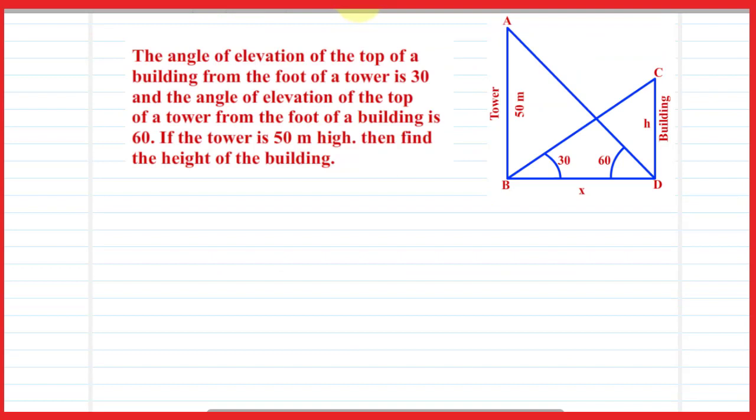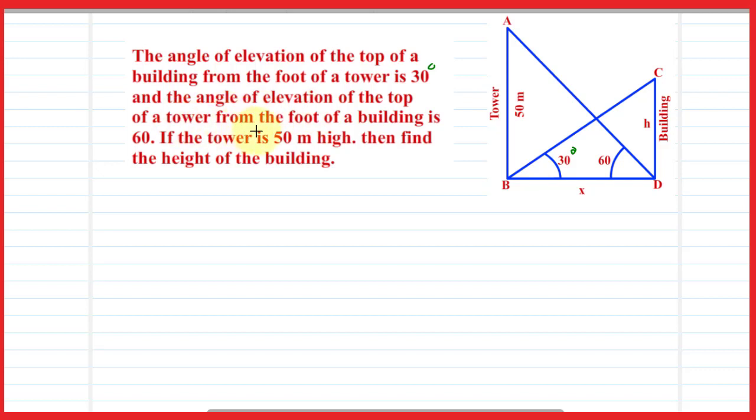Now see the another question. The angle of elevation of the top of a building, here CD is a building, from the foot of the tower, here AB is a tower, is given as 30 degrees. So this angle is 30 degrees.